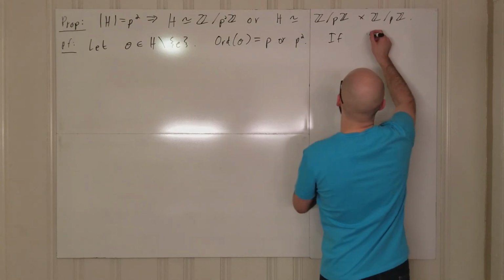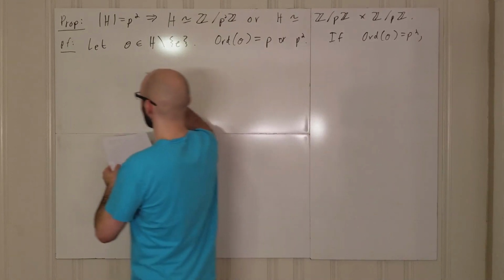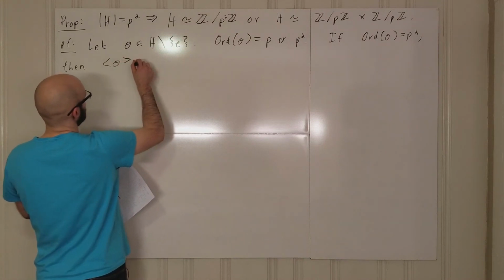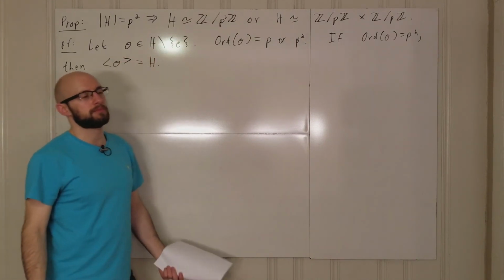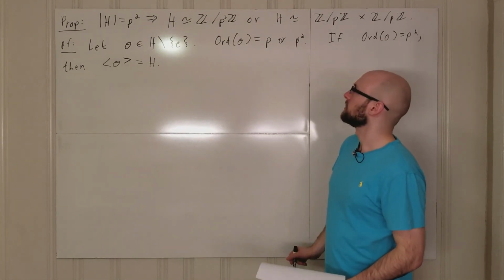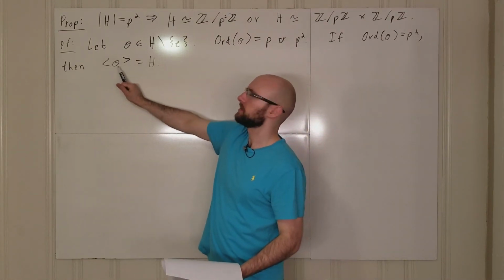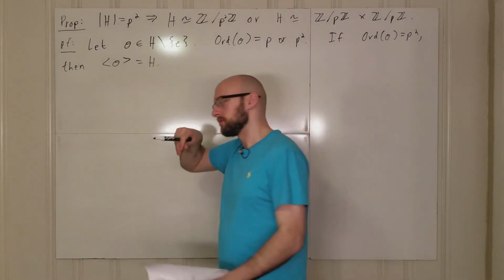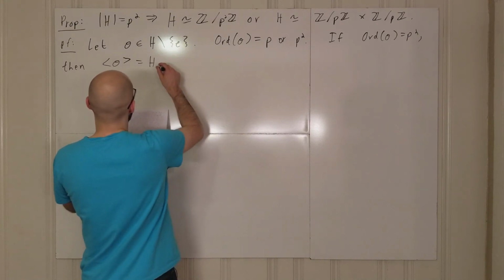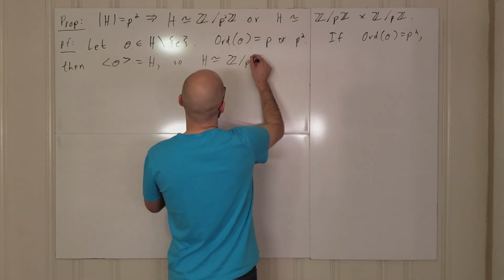If the order of sigma is p squared, then the subgroup generated by sigma is a subgroup of H of size p squared, which is the size of H, so it has to be equality. In this case, H is isomorphic to Z mod p squared Z.